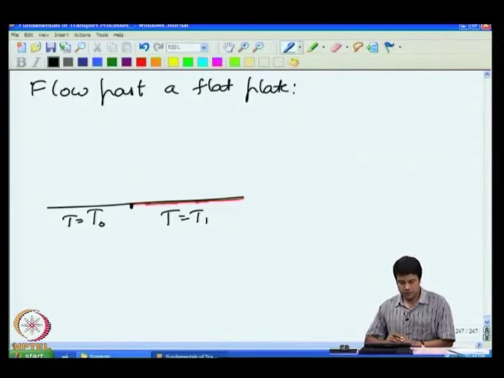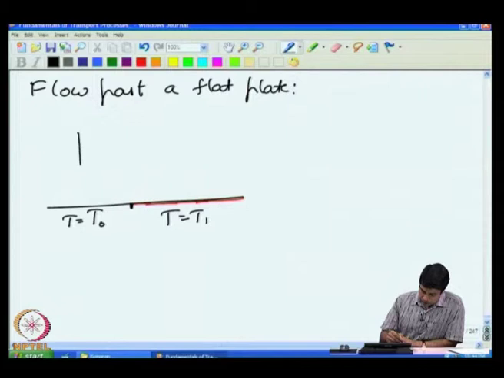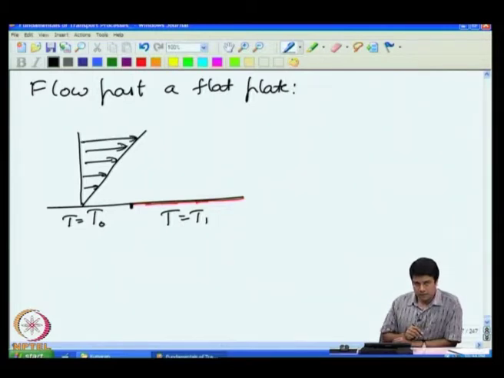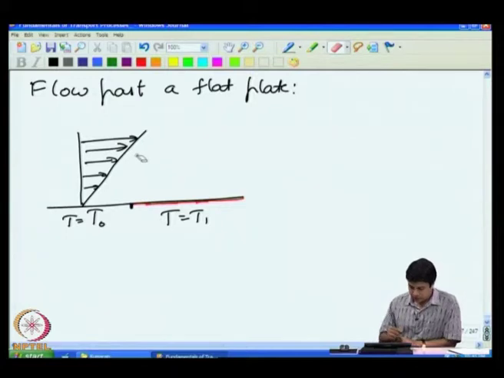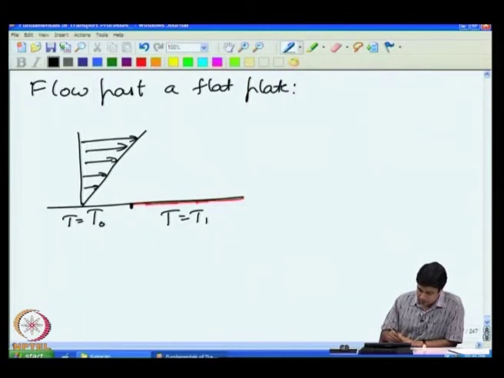So, at this particular location you are starting to heat the fluid, and the flow near the surface is a linear velocity profile. The temperature of the fluid that is entering is at the same temperature as this unheated section, T is equal to T naught.